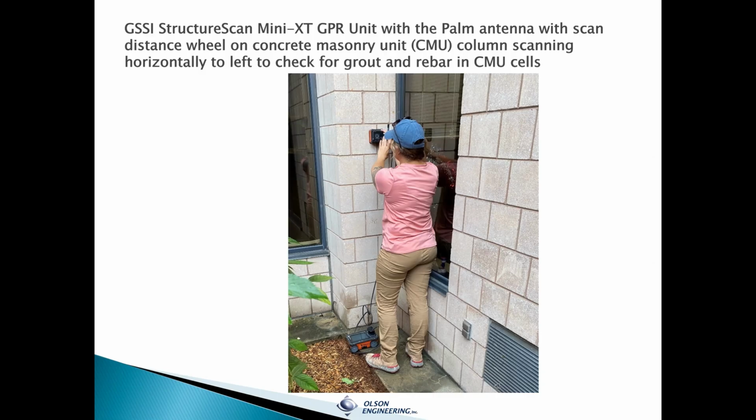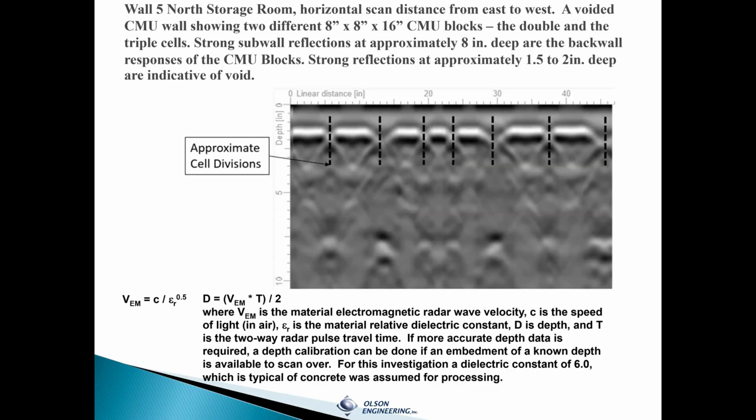As you can see there, it's pretty much palm sized. So we scanned in both horizontal and vertical directions to look for the potential of grout in the CMU blocks as well as reinforcement. Here's an example scan across the 8 by 8 by 16 inch CMU blocks.